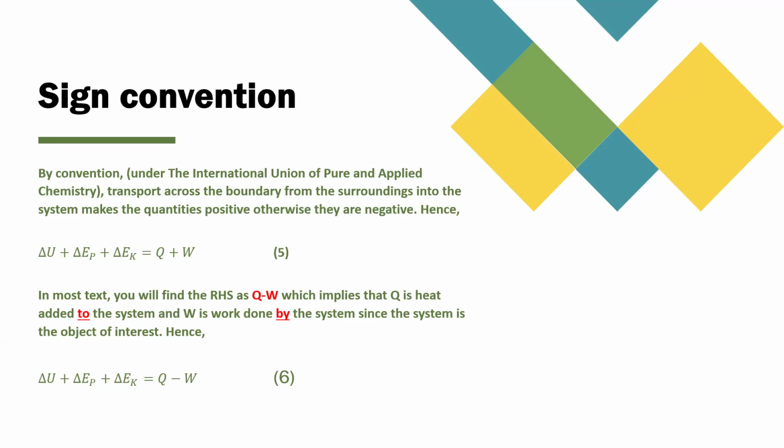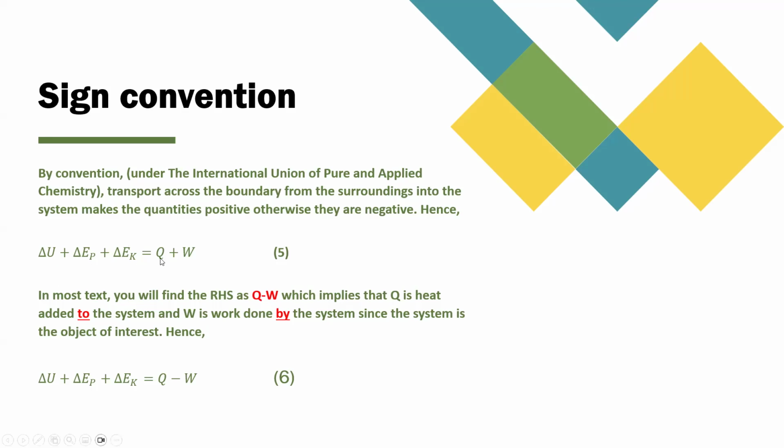And so in most textbooks, you will see the right-hand side of equation 5 written as Q minus W instead of Q plus W. This implies that Q is heat added to the system, and W is the work done by the system, since the system is the object of our interest.